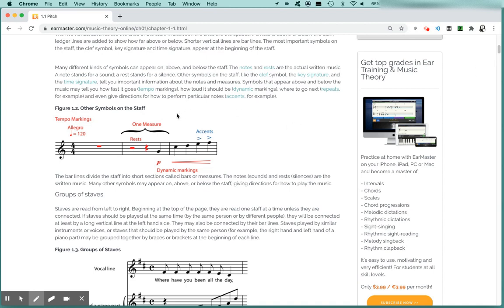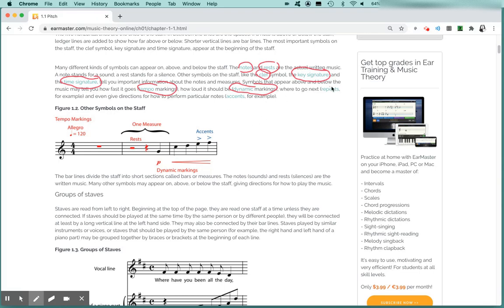There are different kinds of symbols that can appear. I can circle all these things up here one at a time, which are the things we just talked about. Tempo markings, dynamic markings.